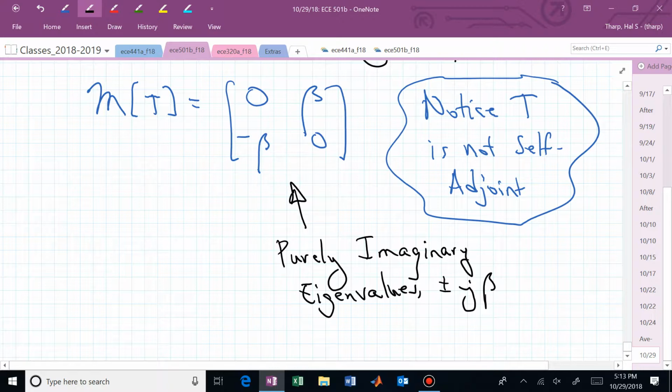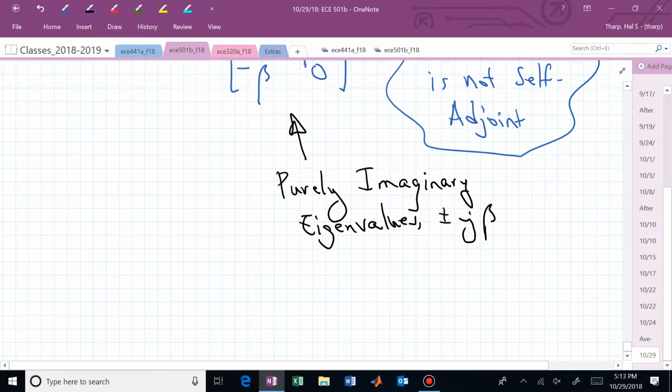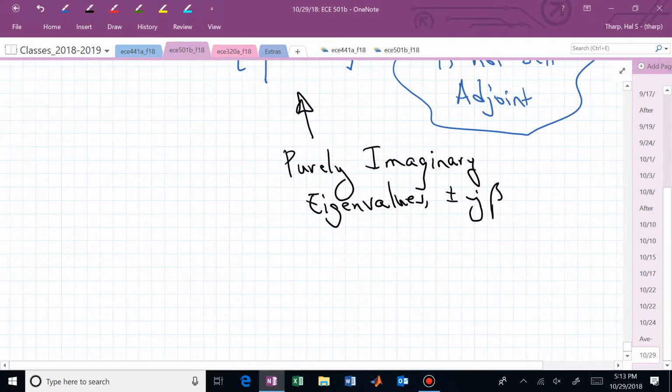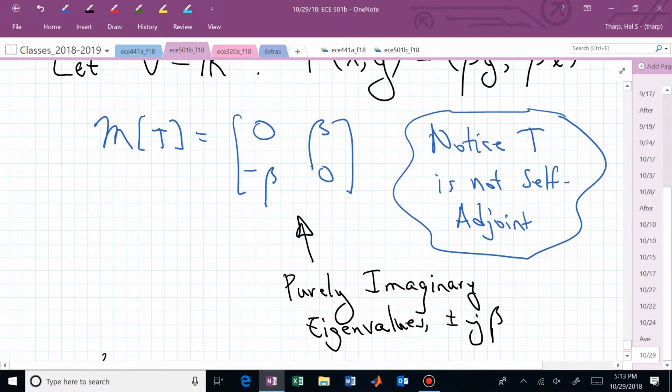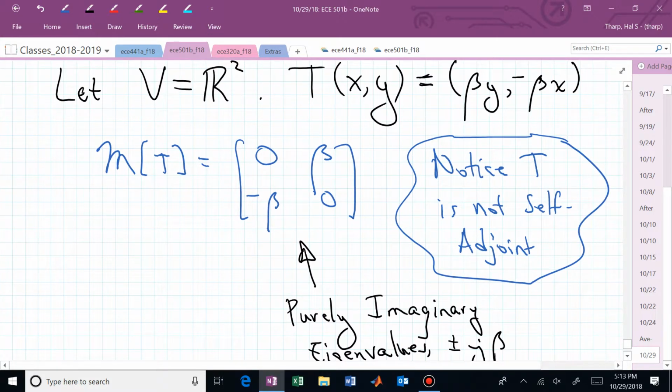But what are we really doing here? What do we have going on? If I now look at T(x, y), or let me suppose beta was 1. I didn't say what beta was. Beta could be anything as long as it has this structure. But if beta is 1, this is really doing a rotation.